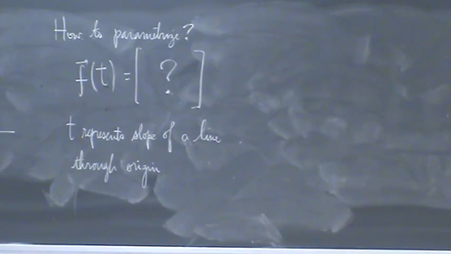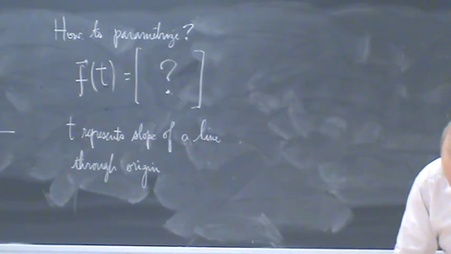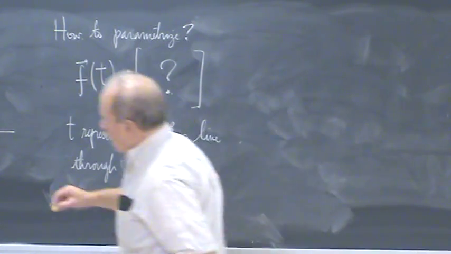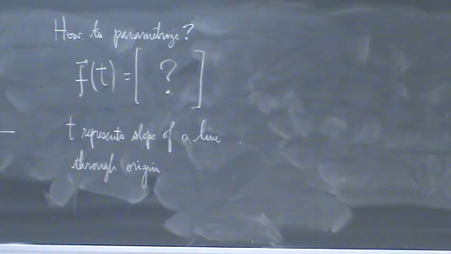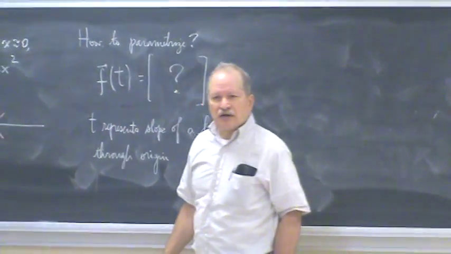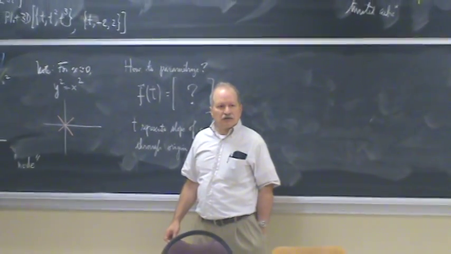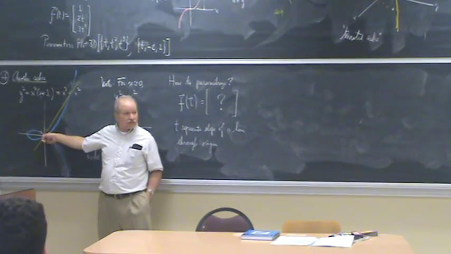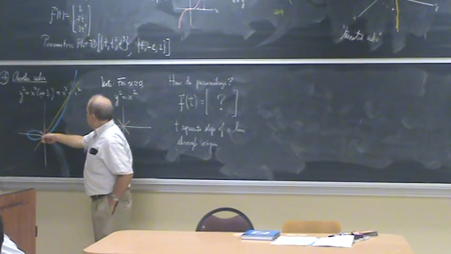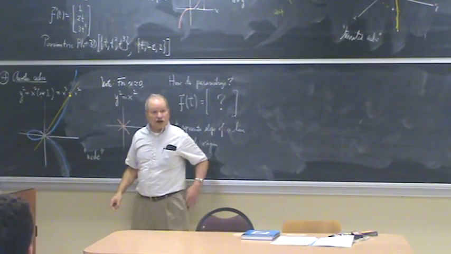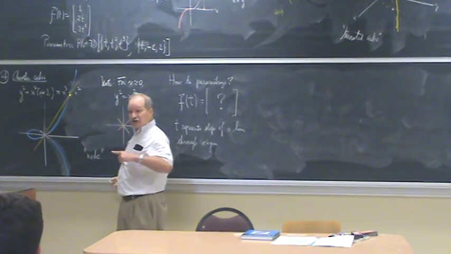I'm telling you here, t should represent the slope of a line through the origin. I take a line through the origin that has slope t, and I observe that it intersects the curve where? At the origin. T squared? No, it won't be t squared. But it also intersects the curve somewhere out there, in a unique point other than the origin.